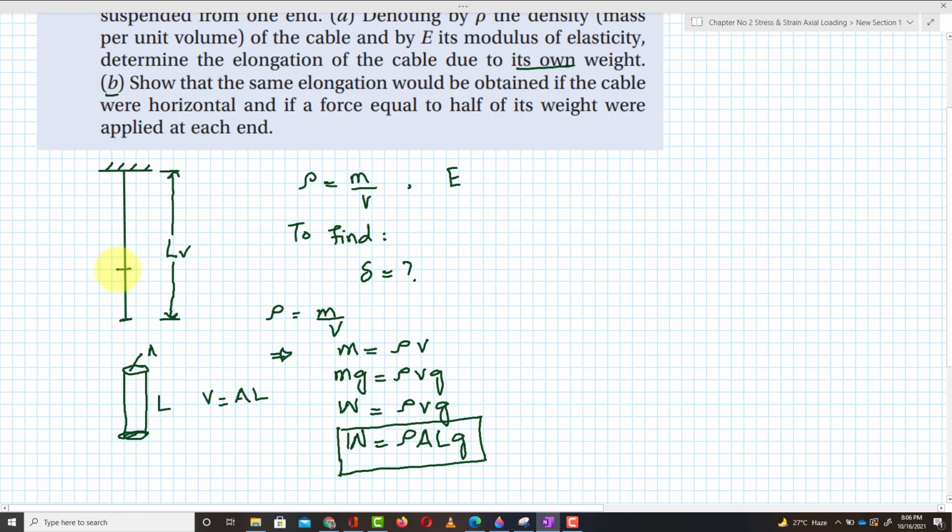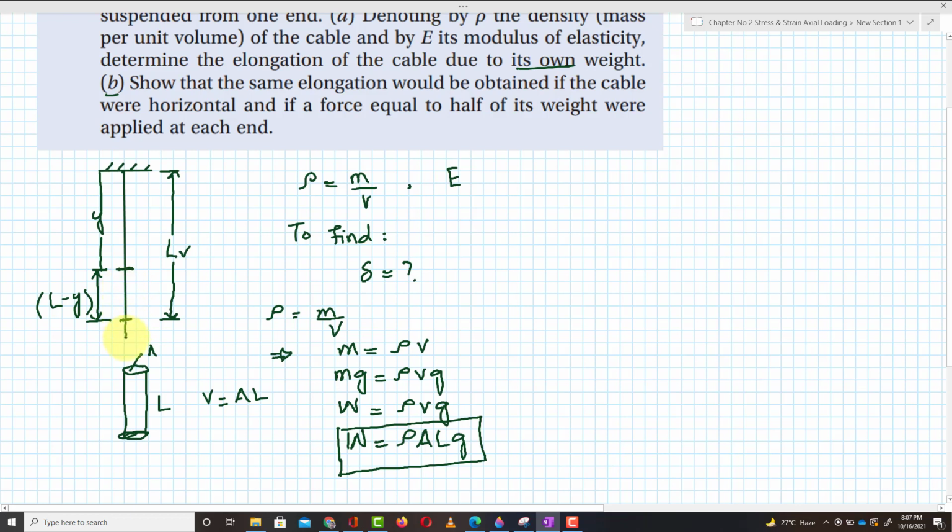If you want to find the weight of the cable at any length, for example, if I take it over here, this is the total length. From this end to this point, if this is y, let's say this is y, then this distance will be equal to L minus y, and we are interested in finding the elongation in this lower portion, this L minus y.